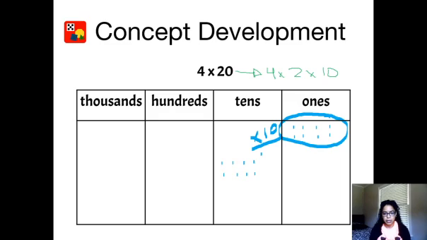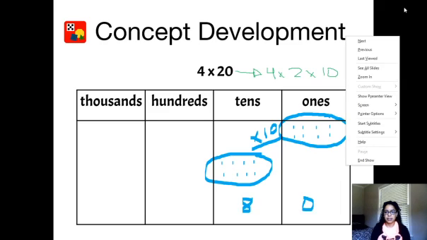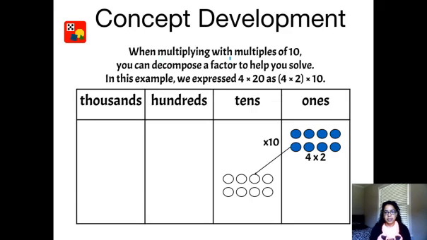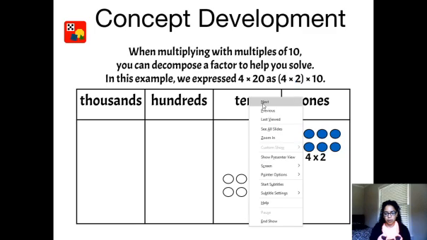So 8 tens. That's it. And that's exactly what we have right there. So when multiplying with multiples of 10, you can decompose a factor to help you solve. This is an example. We express 4 times 20 as 4 times 2 times 10. And that's basically what I just explained on the previous slide.